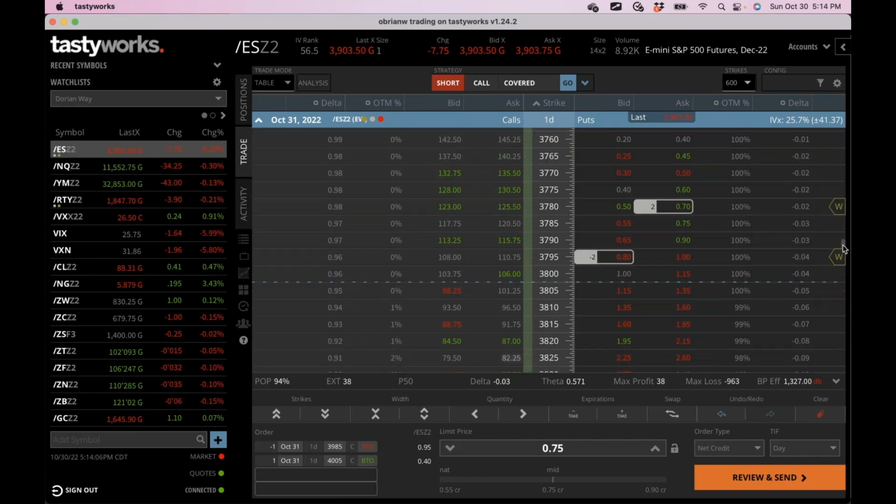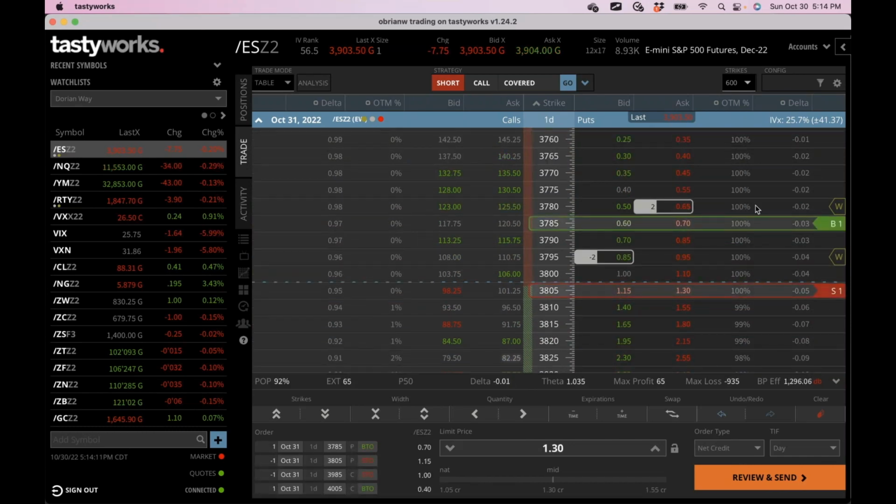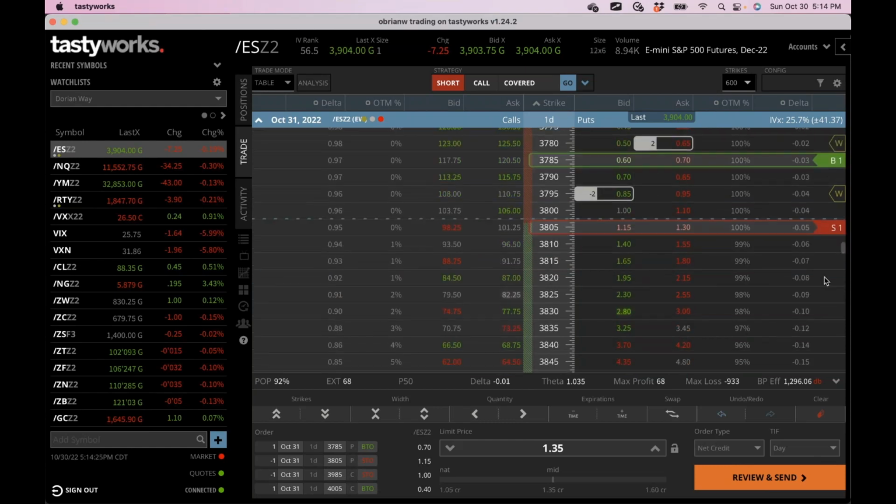We're going to do a 20-point wide. Okay, when you learn the criteria the Dorian Way, you understand you can do a 20-point wide spread and things like that. It all applies, even though this is a 1 DTE, 1 day to expiration, right? So this is the trade right now. We're at the 5 delta on the call side and the 5 delta on the put side.